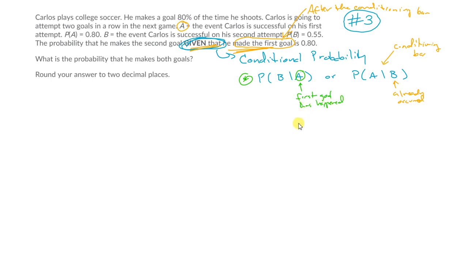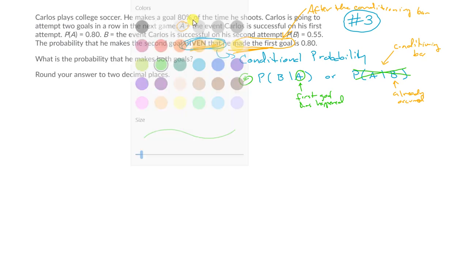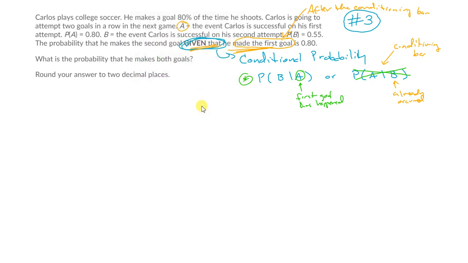Okay, so that's already happened. This is the one they're giving me information about. They're telling me that this is 0.80. So even though we could think about A given B, they're not asking about it. They're asking about B given A. All right, so that's the first thing to think about, which conditional is being asked about.